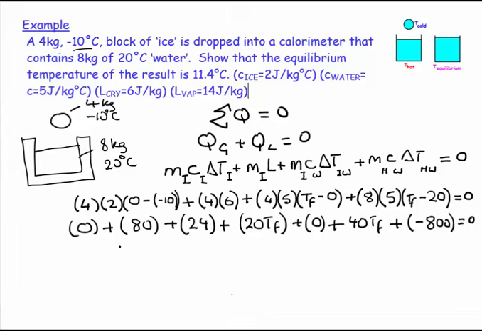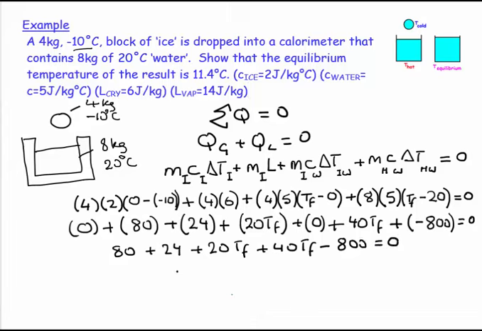So then this is 80 plus 24 plus 20 TF plus 40 TF minus 800 equals 0. And now we're doing math.